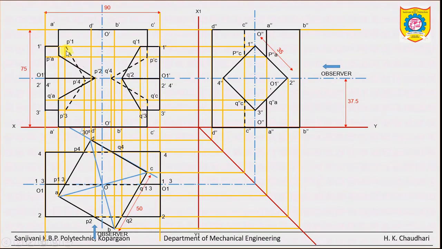Now the remaining part, this small portion. Can you guess whether they are thick or hidden? Yes, see, obviously when we join by thick lines, the remaining part should be hidden.